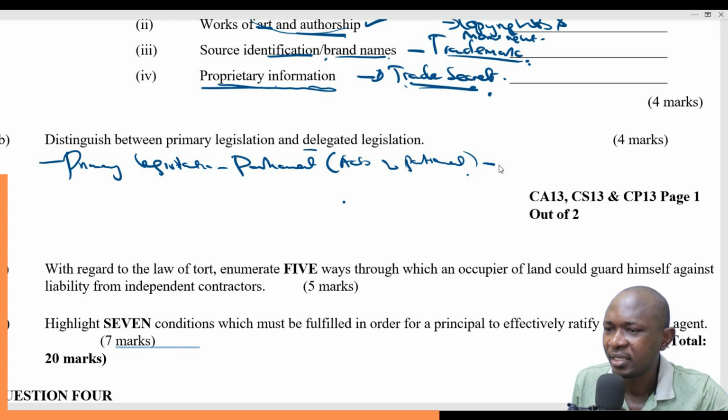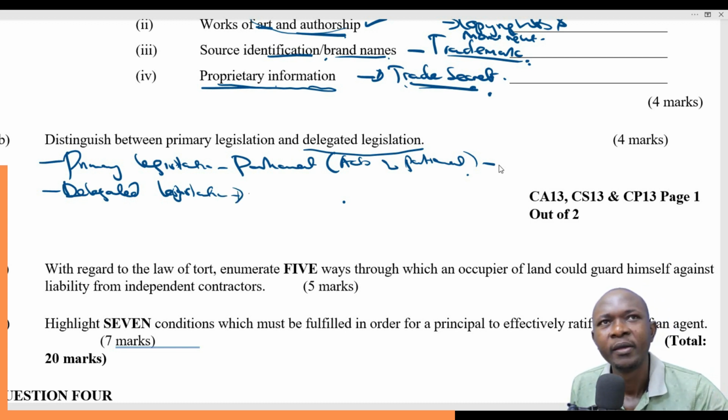And then delegated legislation simply comes in when the parliament may not have enough capacity to handle everything. There's quite a lot that happens.